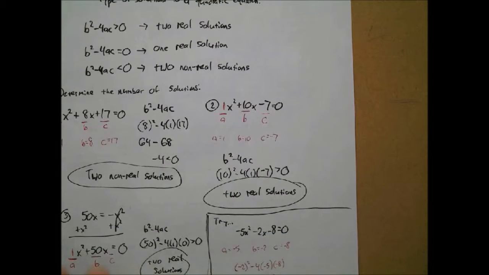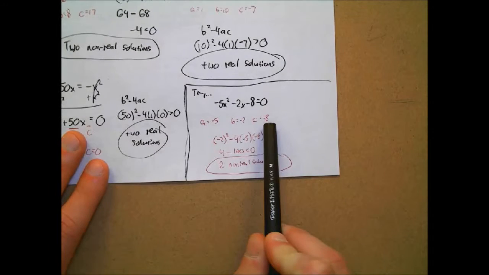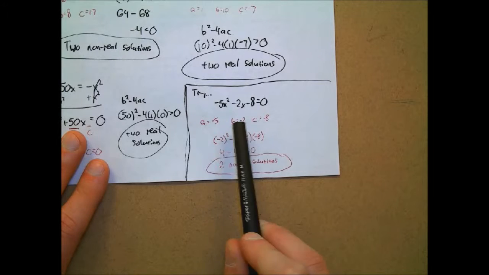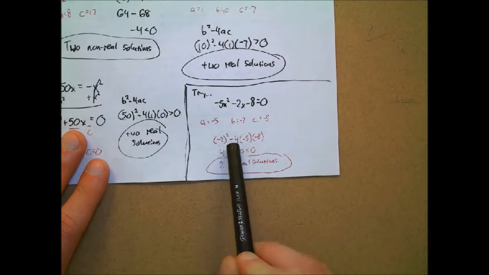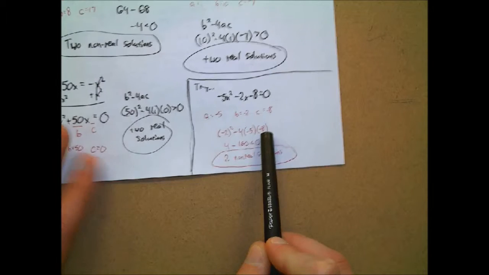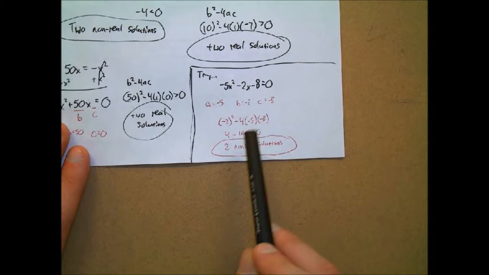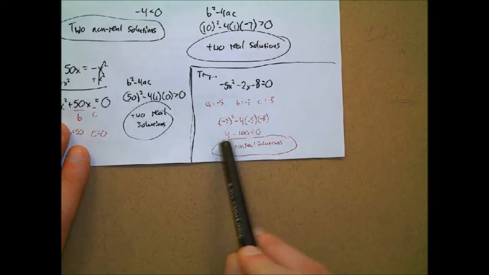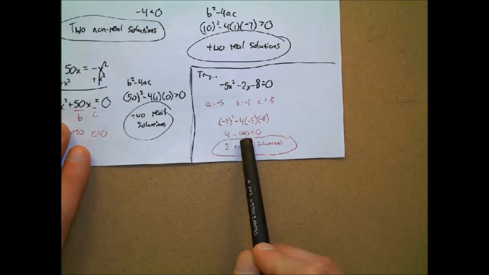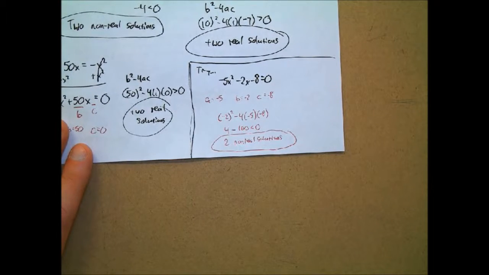We'll plug in then: B squared, so -2 squared, minus 4 times A times C. -2 squared is 4. And then -4 times -5 times -8 is -160. 4 minus 160 is going to be less than 0. So that's why it's two non-real solutions there.